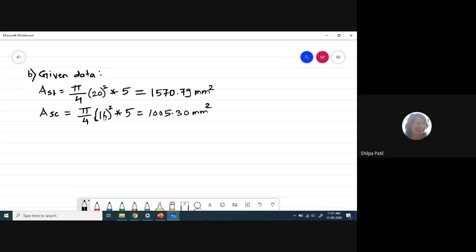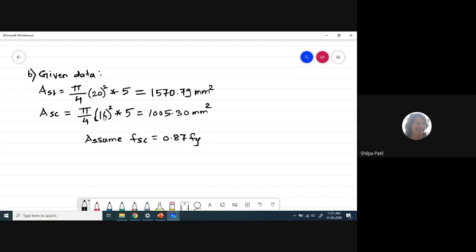Okay, fine. As per the steps, what is the first step? We have to calculate XU first, and for that we have to assume the FSC value first. So let us assume FSC as 0.87 FY.